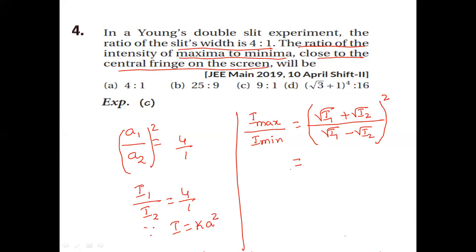So root I1, I can write as 2 root k plus root k by 2 root k minus root k whole square. So that ratio will be 9:1. That is option C. Or else here only A1 by A2 whole square equal to 4; you can use componendo and dividendo.